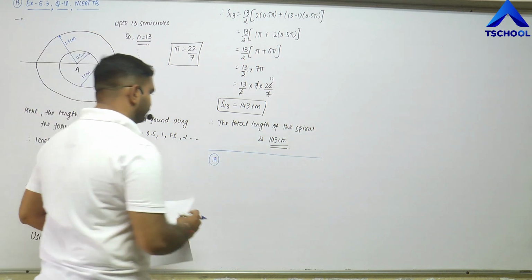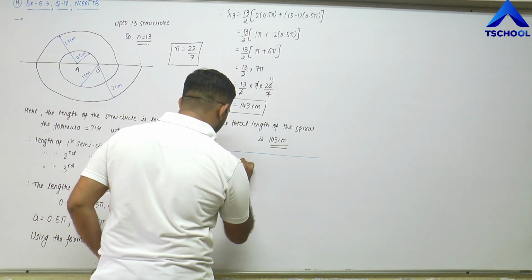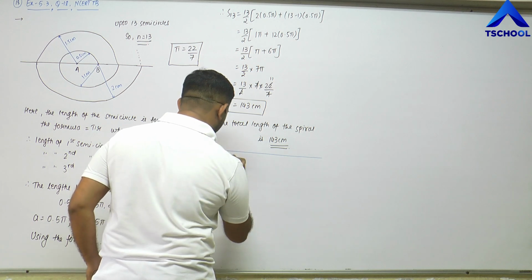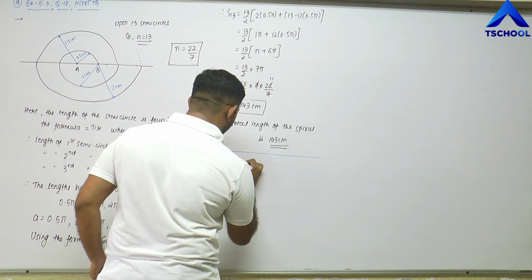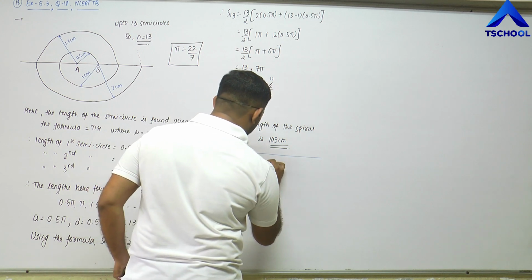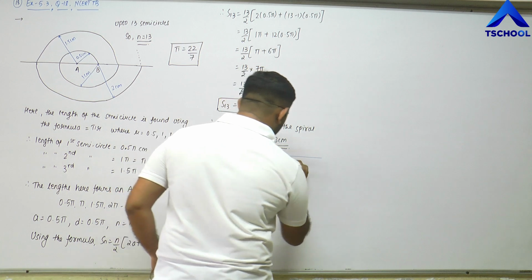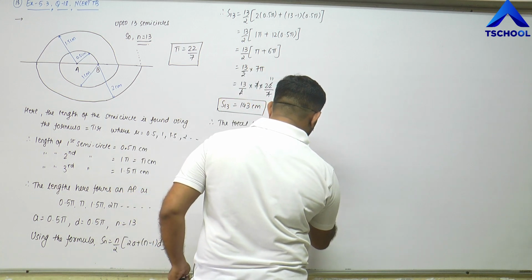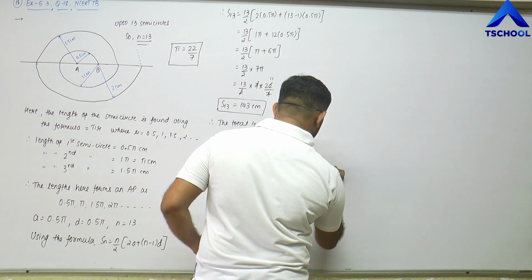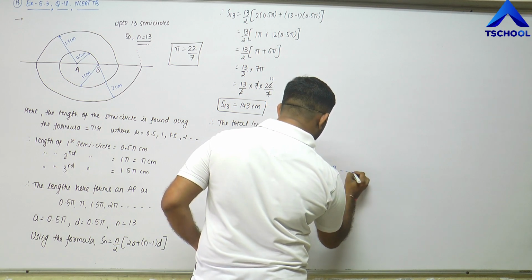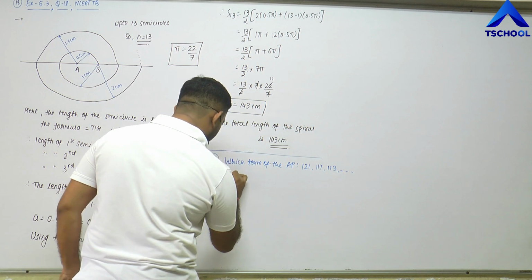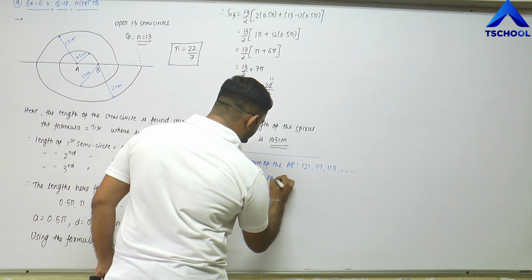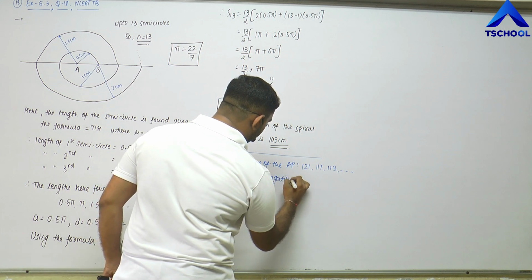Which term of the AP that is given as 121, 117, 113 and so on, is its first negative term?